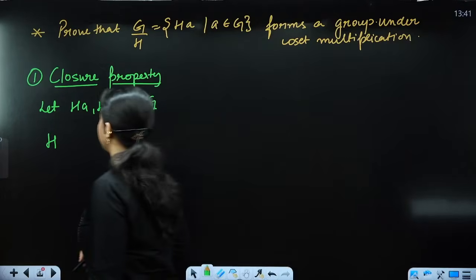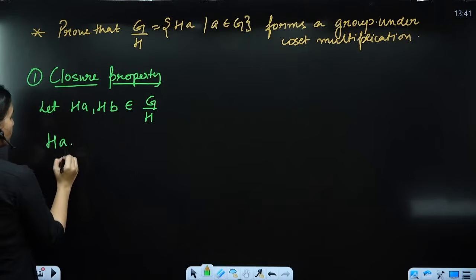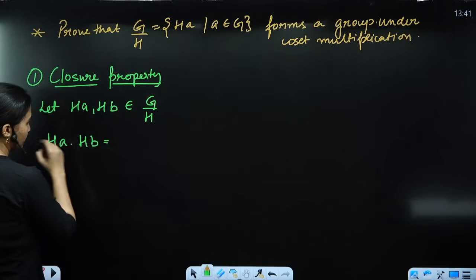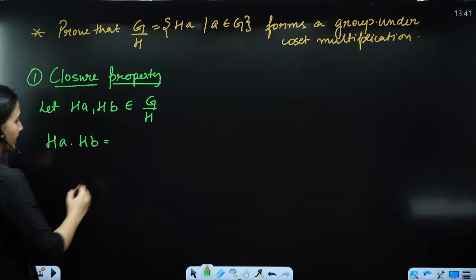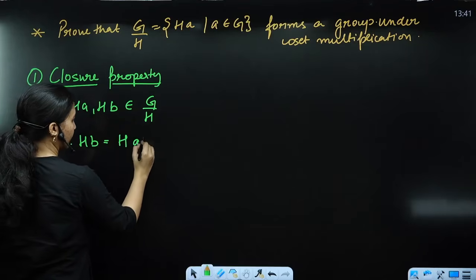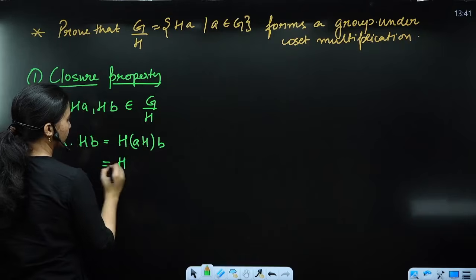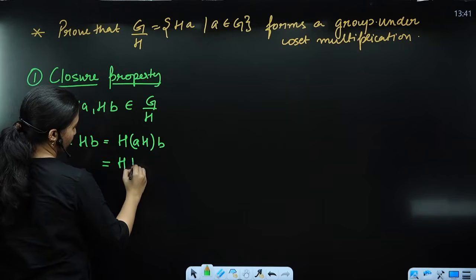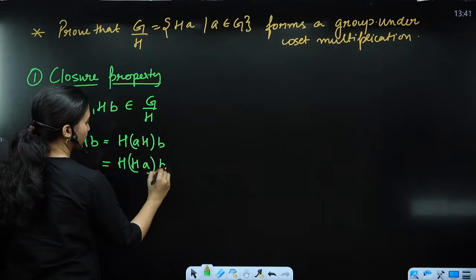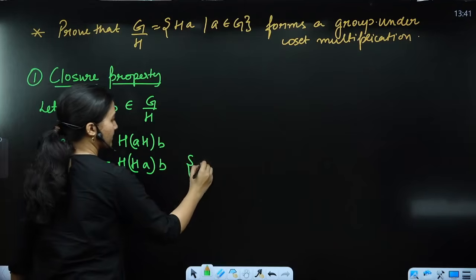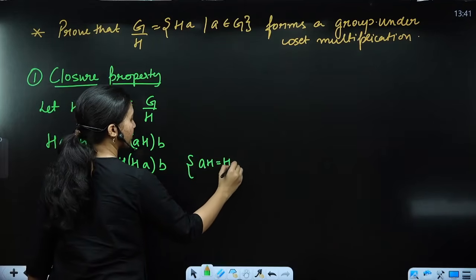All right. Now HA dot HB equals to what? Ab see, can I write it as HA HB? Then I can write it as H HA B. Why? Because AH equals HA. Why?